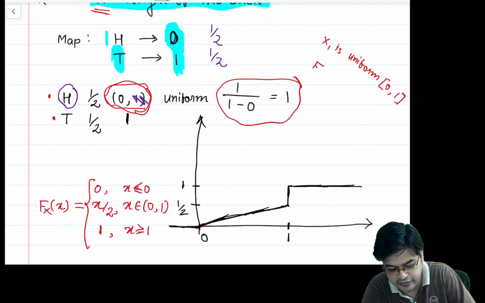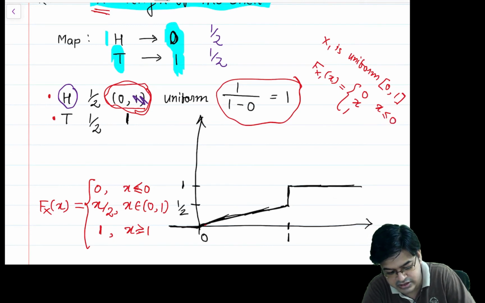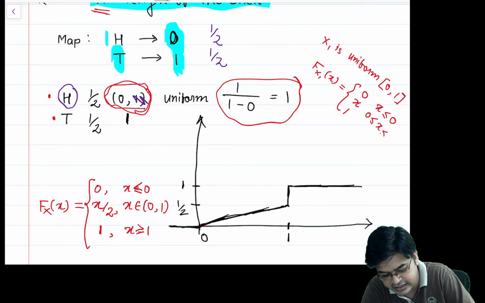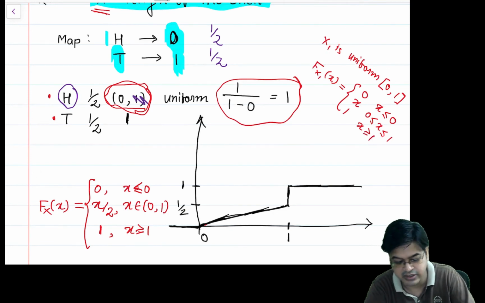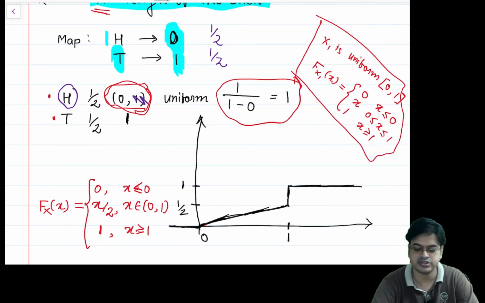Then F_X1(x) according to our notation is 0, then x, and 1. For x less than or equal to 0, it is 0. For x between 0 and 1, it is x, and for x greater than or equal to 1, it is 1.